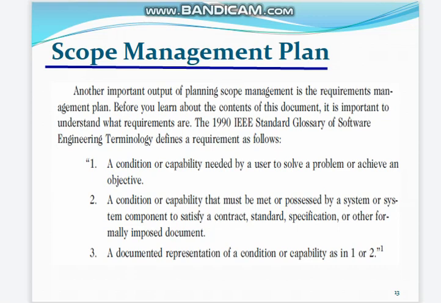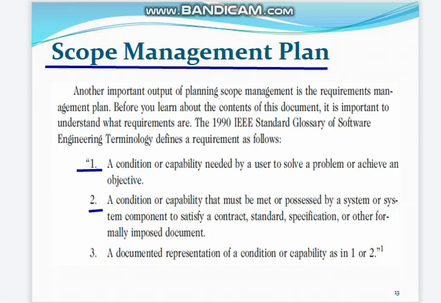The 1990 IEEE Standard Glossary of Software Engineering Terminology defines a requirement as follows. Number 1 is a condition or capability needed by a user to solve a problem or achieve an objective.